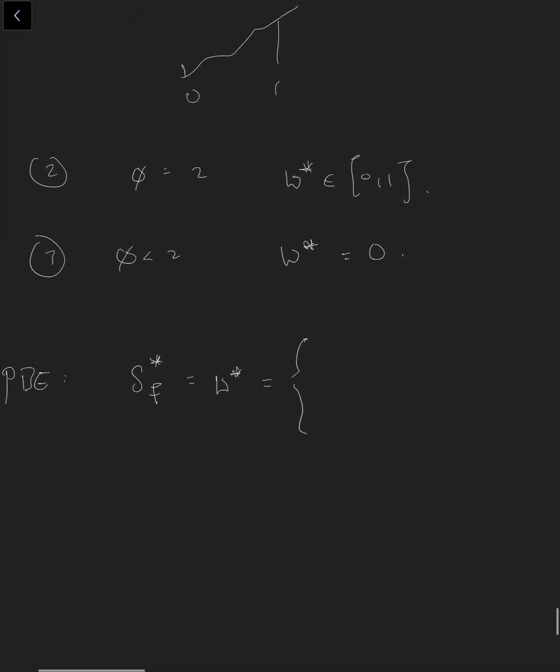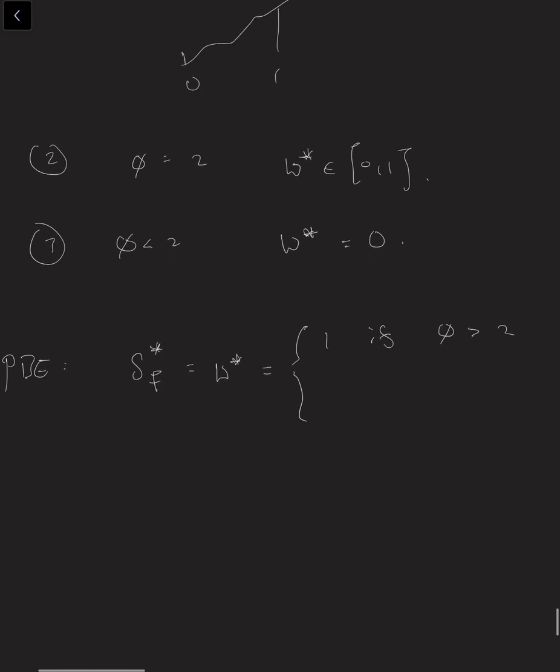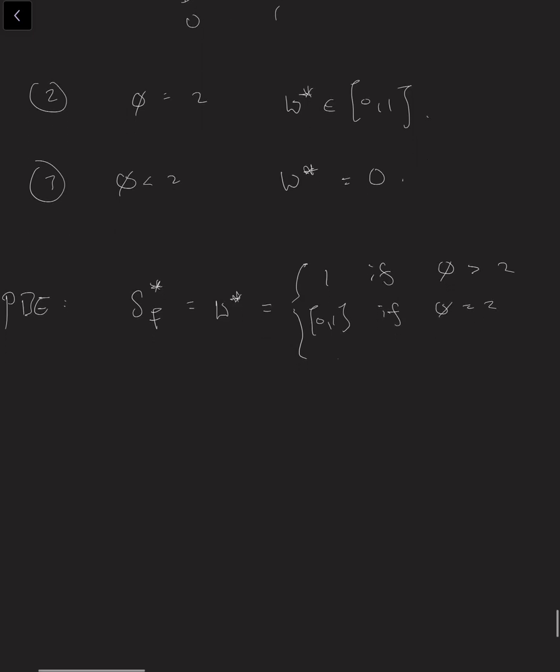They will offer a wage of 1 if phi is greater than 2, anything in [0, 1] if phi is equal to 2, and 0 if phi is less than 2.